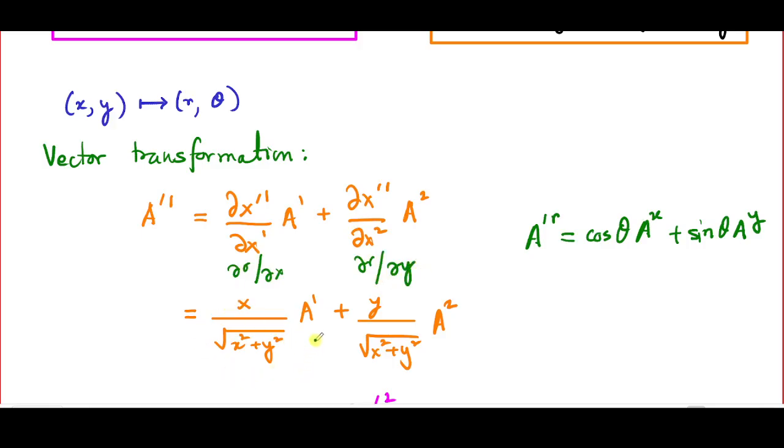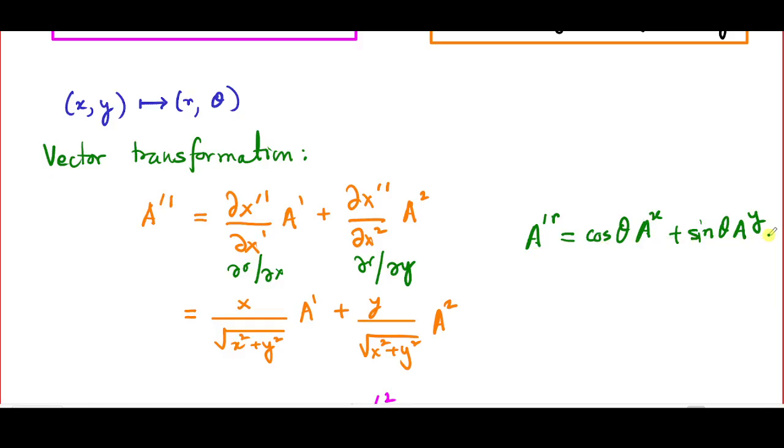Just by substituting the values that we had just now seen, we get a prime 1 is x over square root of x square plus y square into a1 plus y over square root of x square plus y square into a2. So a prime 1, which is a prime r, once you replace a1, a2 by ax, ay and so on, and just use the expressions for x and y in terms of polar coordinates for simplifying this, we get a prime r is cosine theta ax plus sine theta ay.